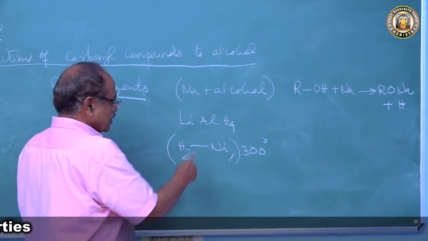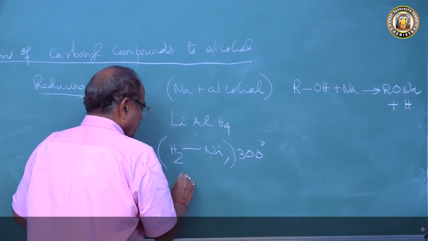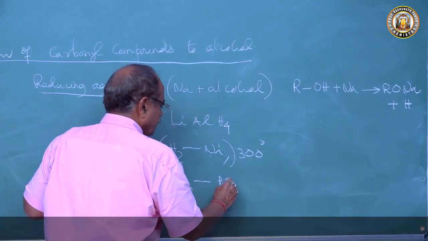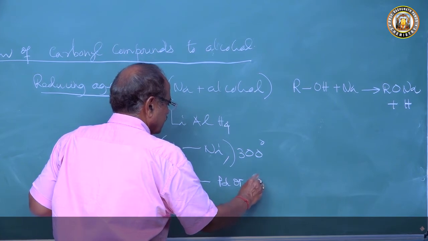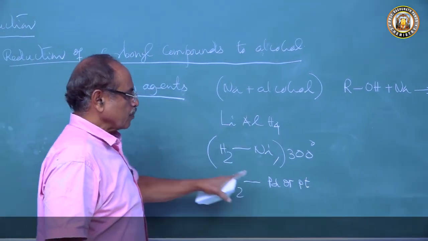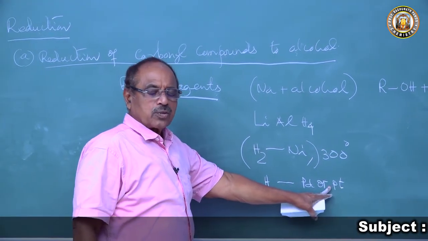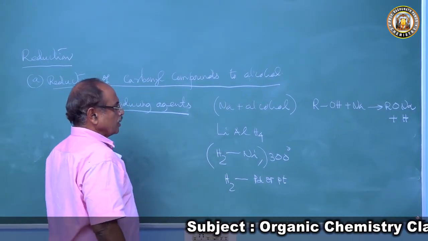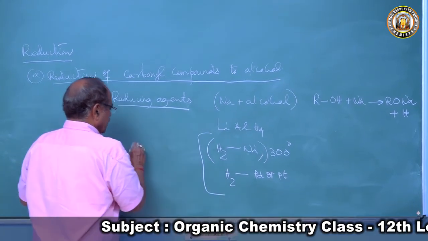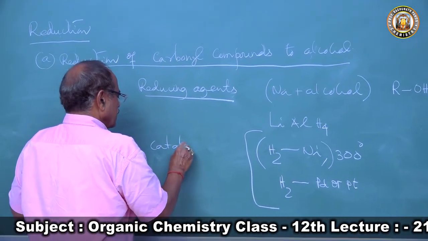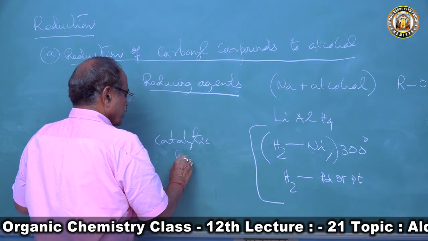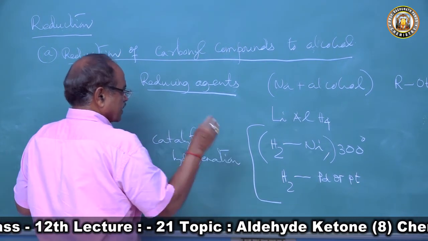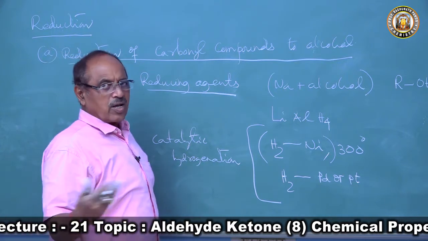Or in place of nickel, at a lower temperature, we can take hydrogen and use palladium or platinum catalyst to carry out the reduction. This reaction is called catalytic hydrogenation, because here hydrogen is added and nothing is lost.